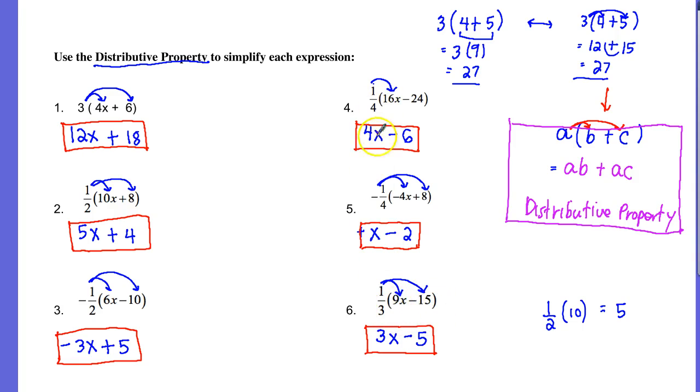But if it's just simple like this, when you have unit fractions, you just have to divide your terms by your denominator. Like 1/2 times 10, that's 10 divided by 2. 1/3 of 9x, that's 9 divided by 3, and so on. All right. I hope you find this video helpful.